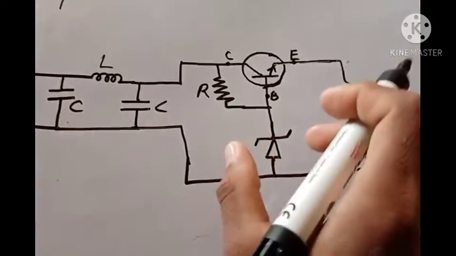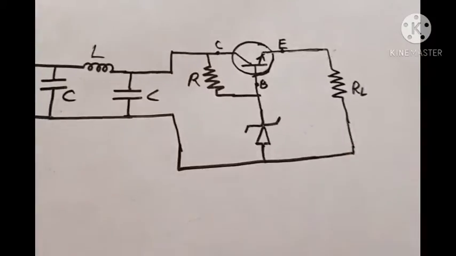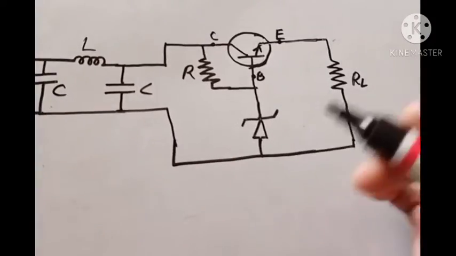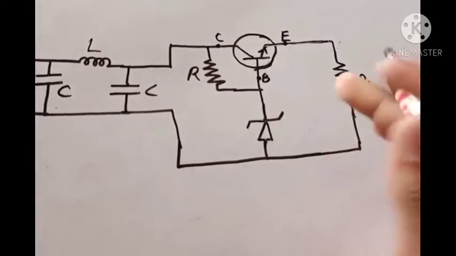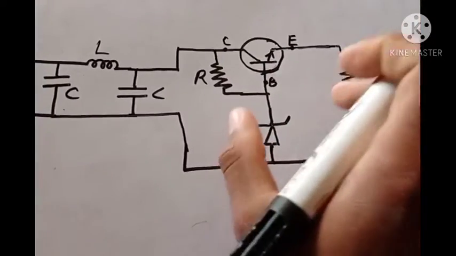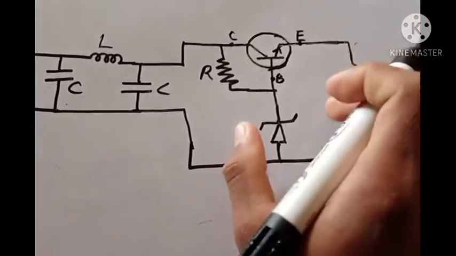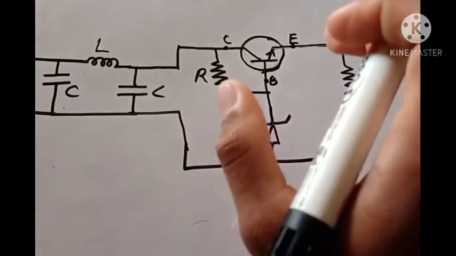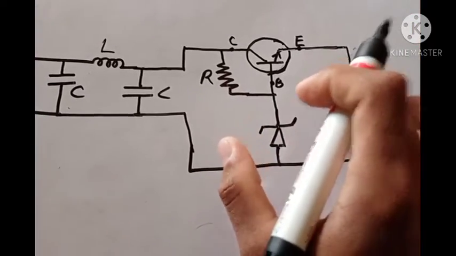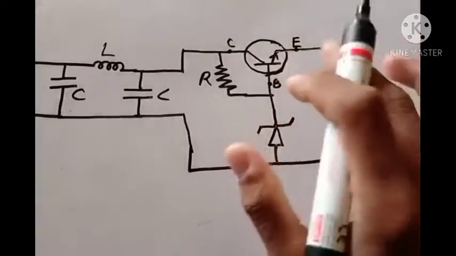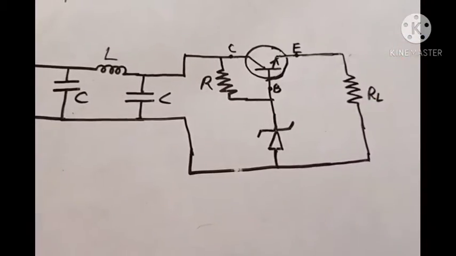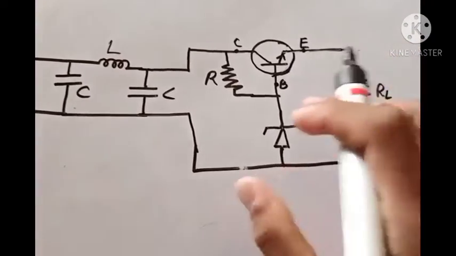Why we are using a Zener diode, we will discuss later. The main reason for using a Zener diode is that it provides a reference voltage to the transistor to function, to switch on the circuit and to provide the output.